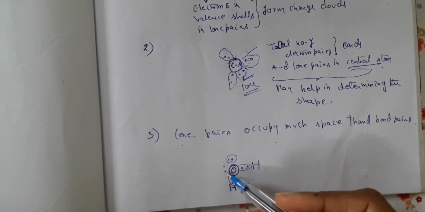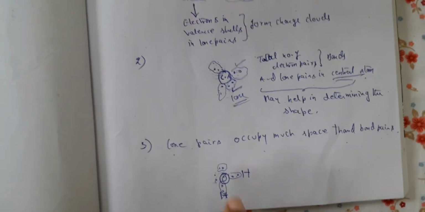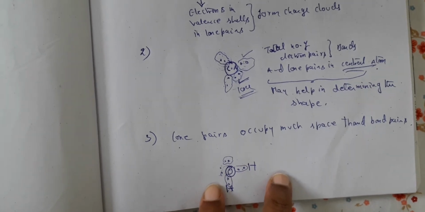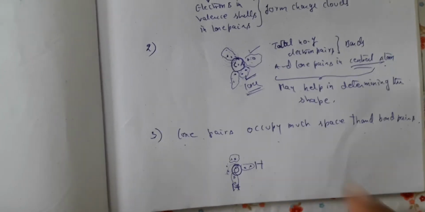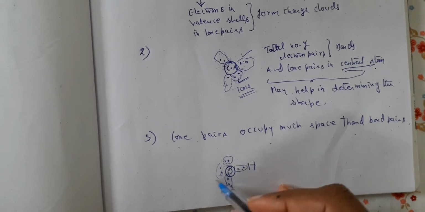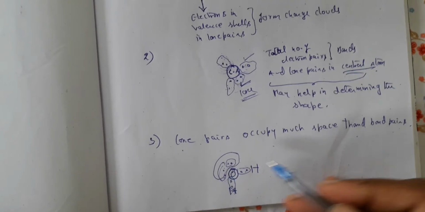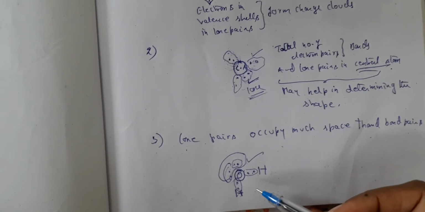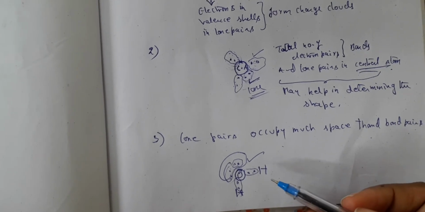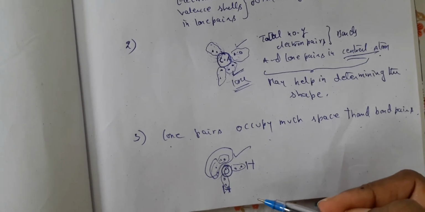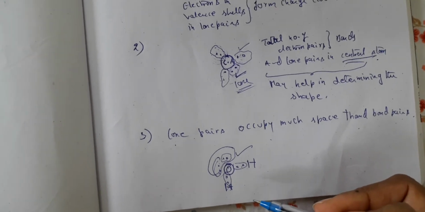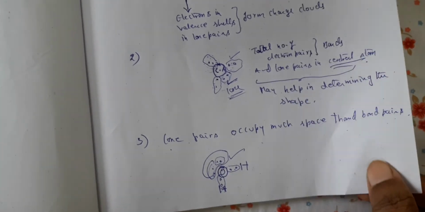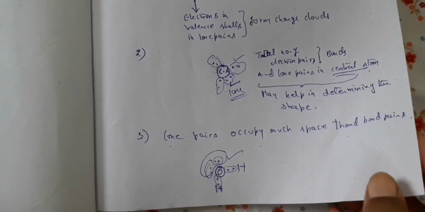Instead of forming 180 degrees here, the lone pairs push the bond pairs away as they try to occupy more space. Because of that, the angles we imagined theoretically are different from what we observe practically.